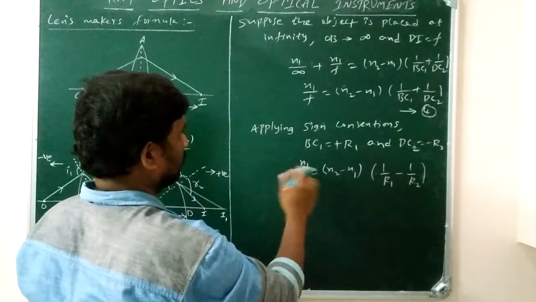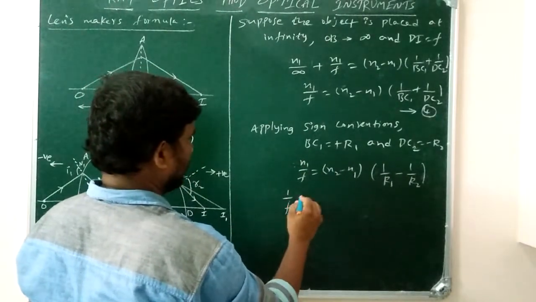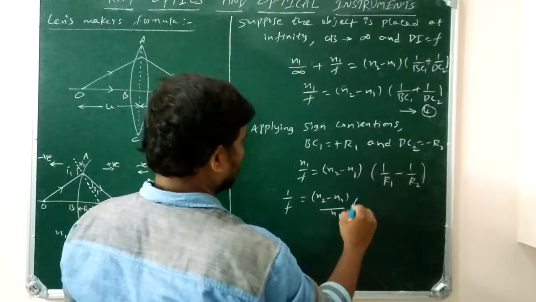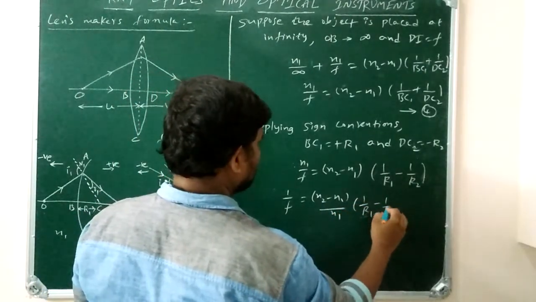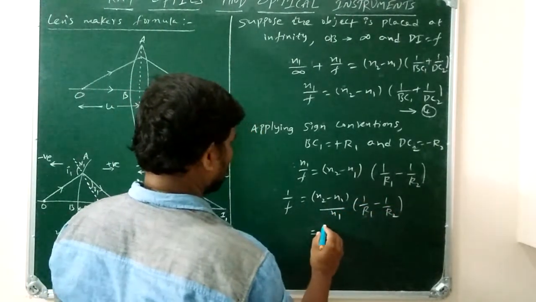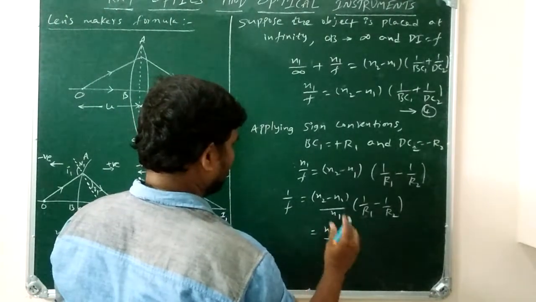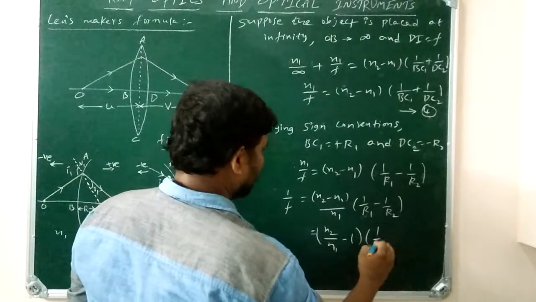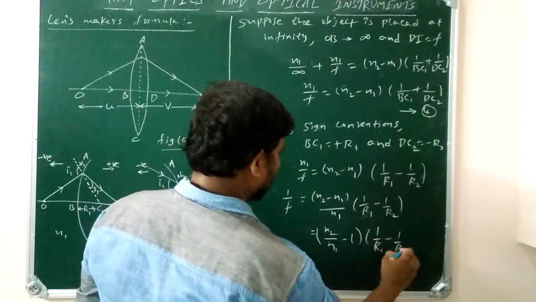Now bring n1 to the right-hand side. 1 by f equal to n2 minus n1 by n1 into 1 by R1 minus 1 by R2, which is n2 by n1 minus n1 by n1 into 1 by R1 minus 1 by R2.